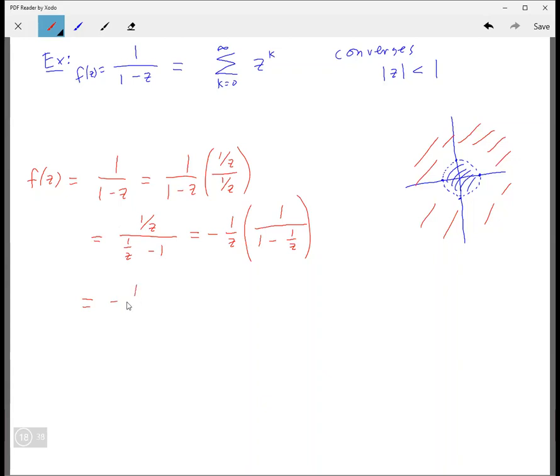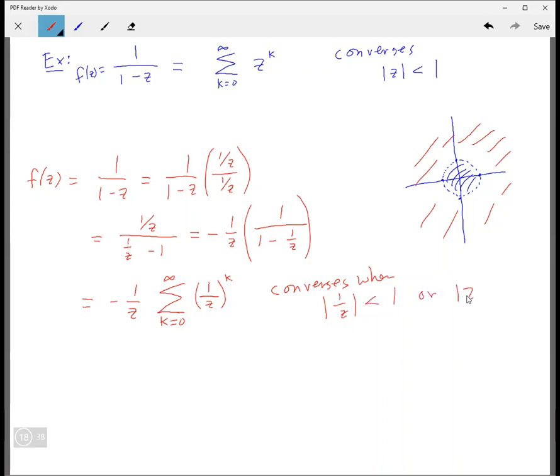Now, this negative 1 over z, we're going to leave that here for now. This part is of the form 1 over 1 minus r. So this is like our r there. So you have this series now, and this one converges when the modulus of 1 over z, which is like our r, is less than 1.